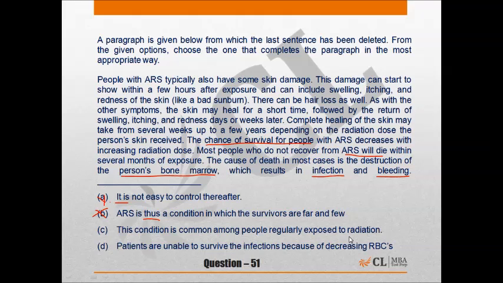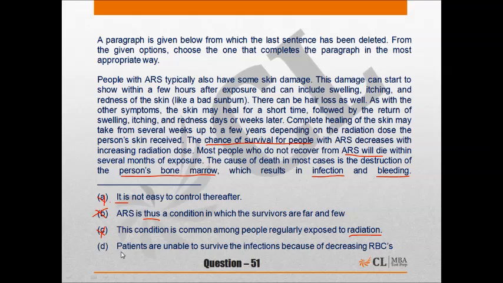Also, radiation is supposed to be given to a patient who is suffering from the disease. So it is very unlikely that a person who is regularly exposed to radiation should suffer from the disease, while the same radiation is a cure for this disease. Therefore, option C can be eliminated.